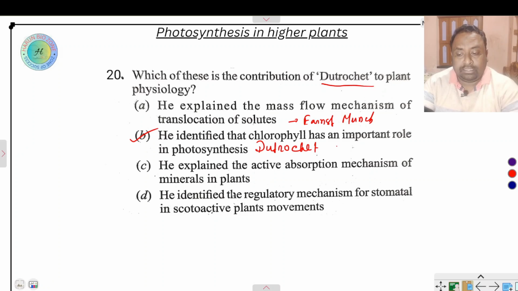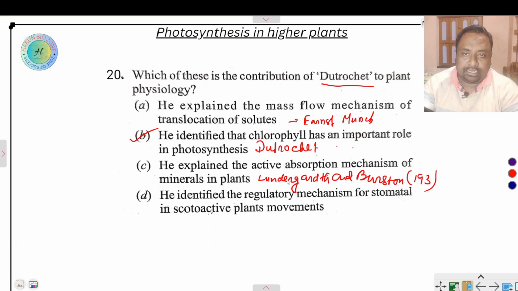This was proposed by Lundegardh and Burstrom, 1933, called the Lundegardh cytochrome pump theory.